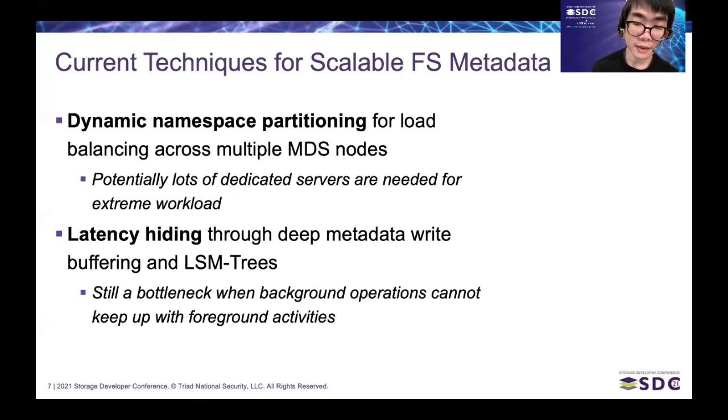However, buffered data eventually needs to be flushed to the server, and LSM trees require compaction to make read operations faster. So when those compaction and buffer flushes take place on the dedicated metadata server, and if the server cannot keep up with the foreground workload, then those foreground applications will still experience bottlenecks.